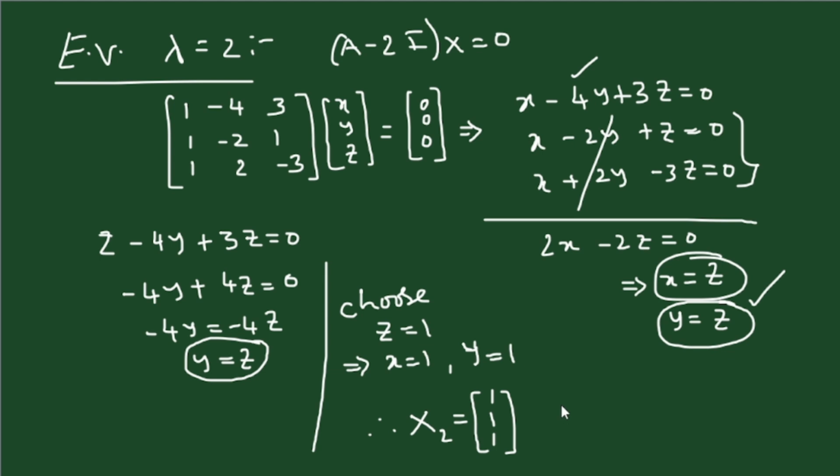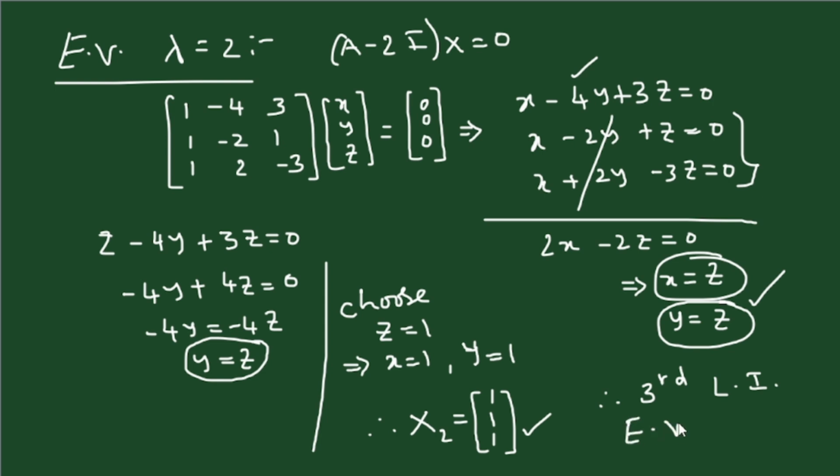And there is no other possibility, because the third eigenvalue is also the same, 2. You will get this same eigenvector again, right? So here, this is an example of the problem where you cannot find the third linearly independent eigenvector.